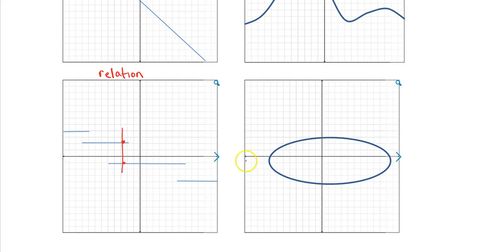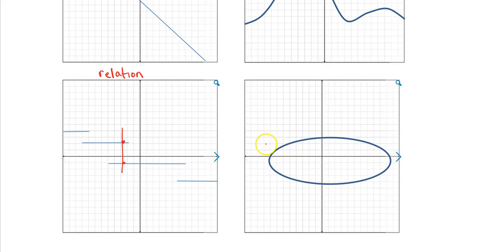Now, this is an interesting case. Here, I'm going to say, if I'm talking about the inputs that go from, where are we at? Okay, there I am.